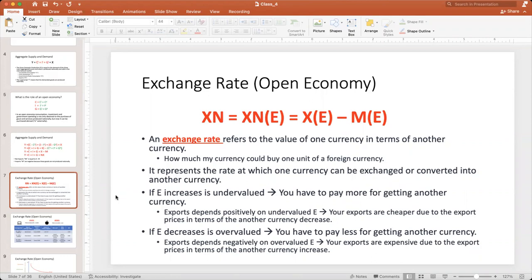It represents the rate at which one currency can be exchanged or converted into another currency. And we need the exchange rate to make foreign transactions. Why? Well, because imagine that you want to sell a good, an American good to Mexico. I don't know, a pair of shoes.